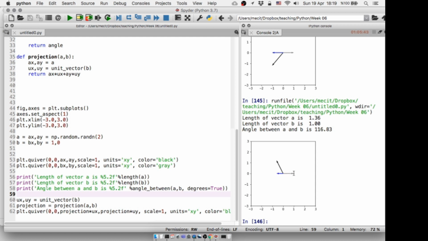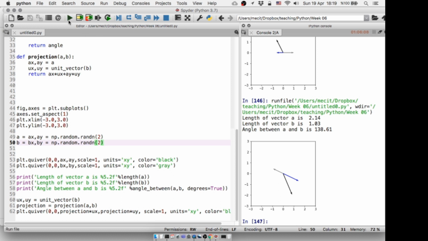Now, next I want to make the B vector also random. So I have my A and B as general vectors. So here is your A, and the projection of A along this vector is in the other direction.